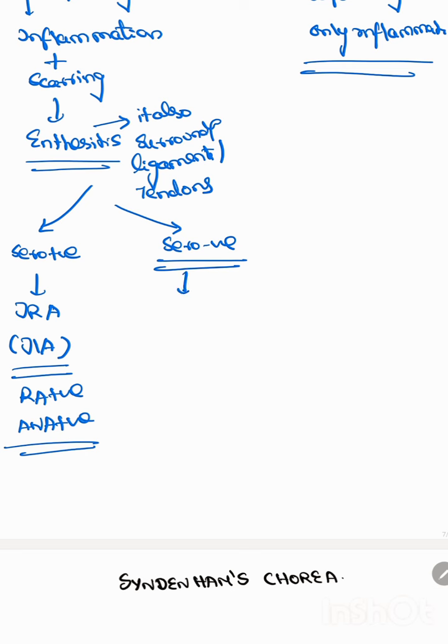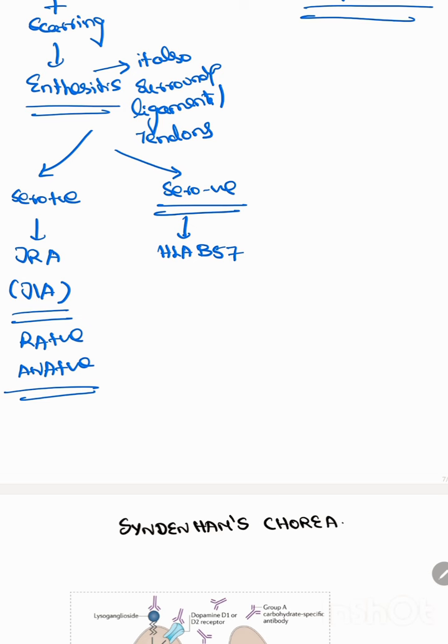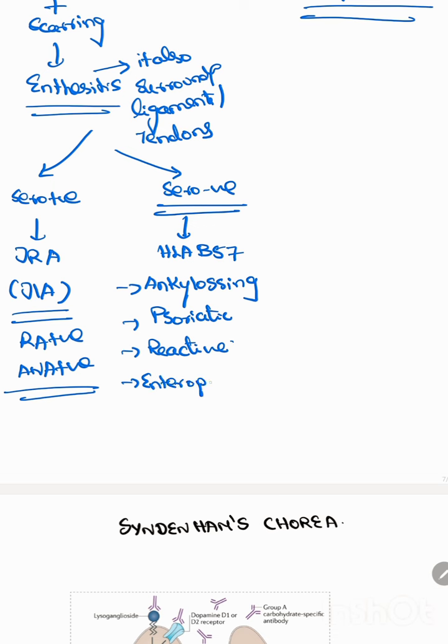Seronegative ones are HLA-B27 related arthritis: your ankylosing spondylitis, psoriatic arthritis, reactive arthritis, enteropathy associated arthritis, and seronegative JRA.